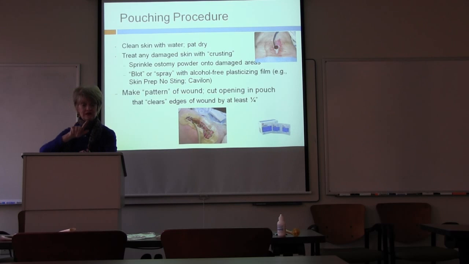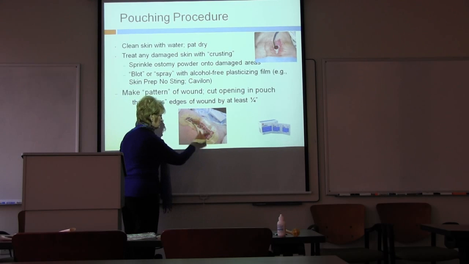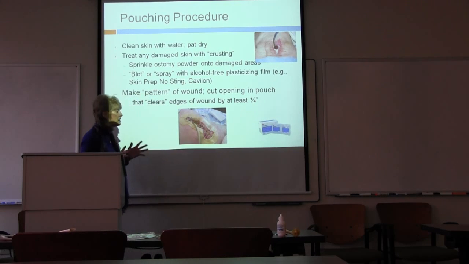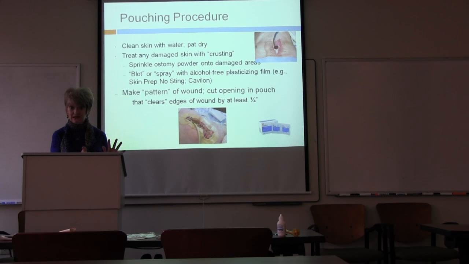So if you size the opening larger so that you're coming back to flat, dry skin, you have a much better chance of getting it to stick. Now, I know you're saying, well, what about that exposed skin? We're going to cover that exposed skin with paste. So we do have to protect the skin, but we don't want our pouch coming right up to the edge.